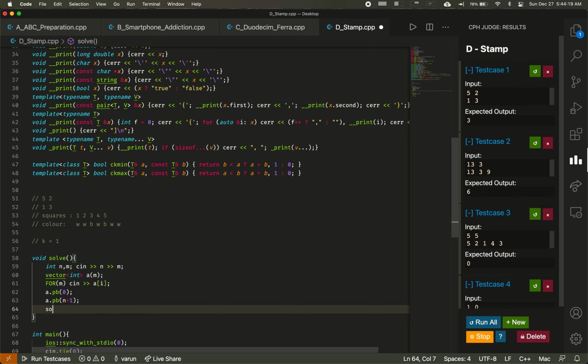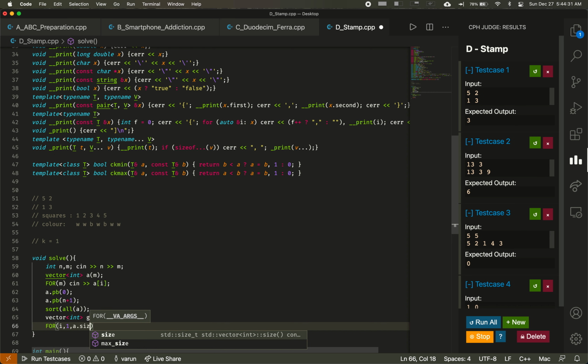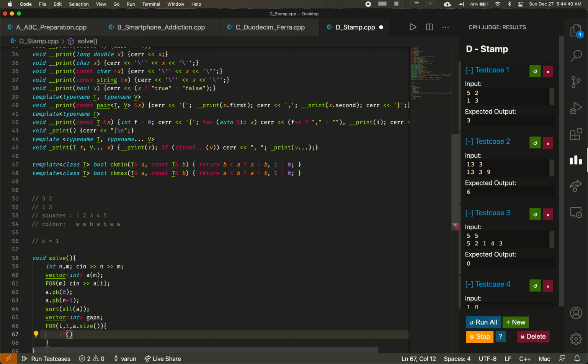Now that we have that, let's sort everything. And let's create a vector called gaps. And for i between 1 and a dot size, if the size of the gap is not 0, we want to add the size of the gap to this gaps vector.